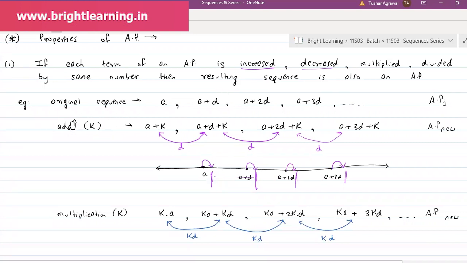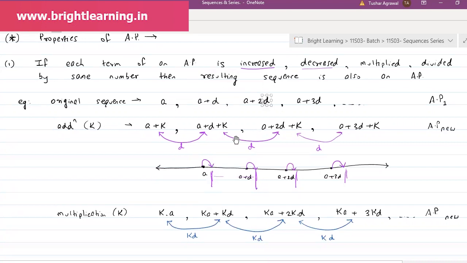In the case of addition and subtraction, the common difference of the new sequence is the same as the original common difference. Here the original common difference was D, and in the new sequence the common difference is also D. In the multiplication case, the new common difference is K times D. For division, it will be D upon K.